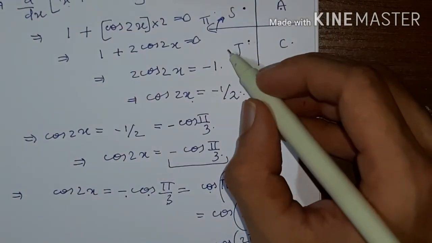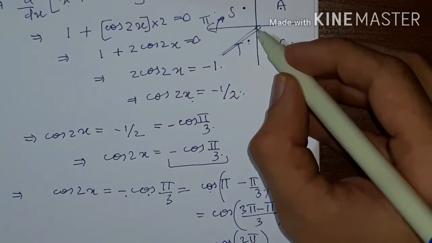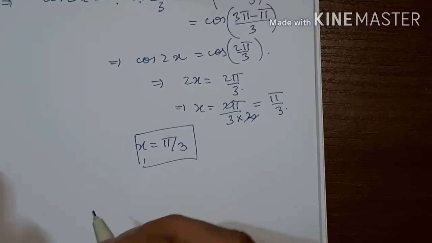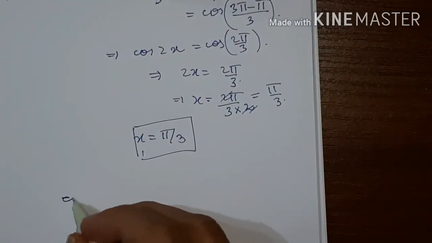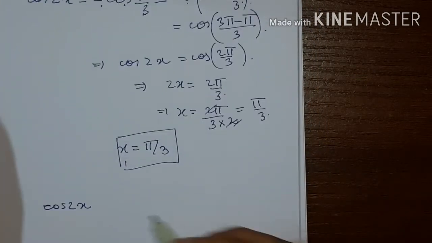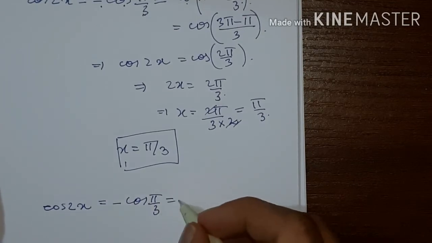Now you know that cos is negative here also, so minus half value cos will take in the third quadrant also, right? So for that we have to solve for x. Take the same equation which you have taken, that is cos 2x is equal to minus cos pi by 3, right?